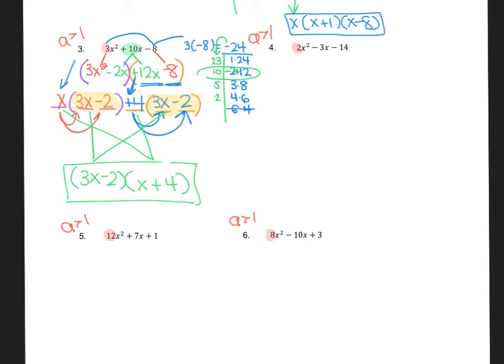All right, let's do number 4. Starting the process over. We take 2 times -14, and we get -28. Remember, the sign only tells us if we're adding or subtracting.